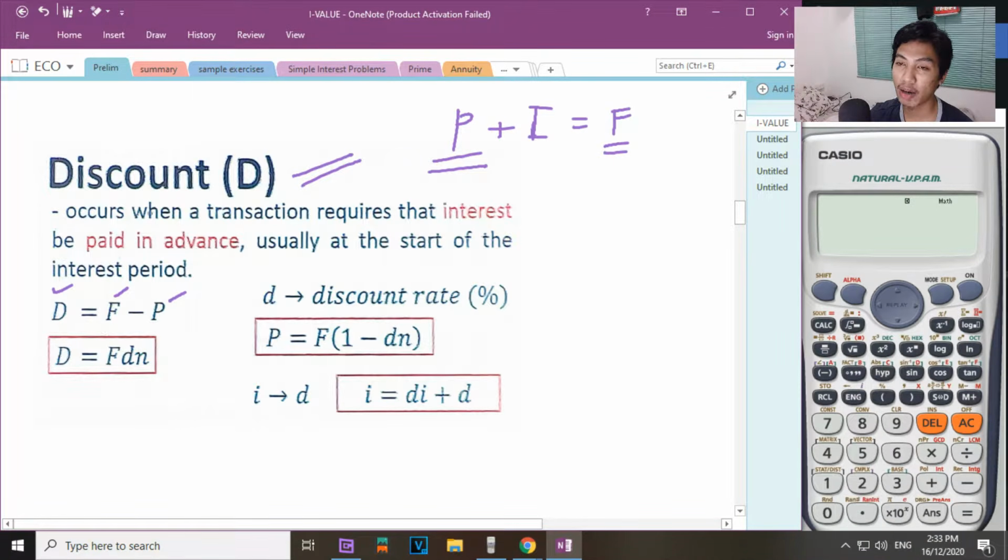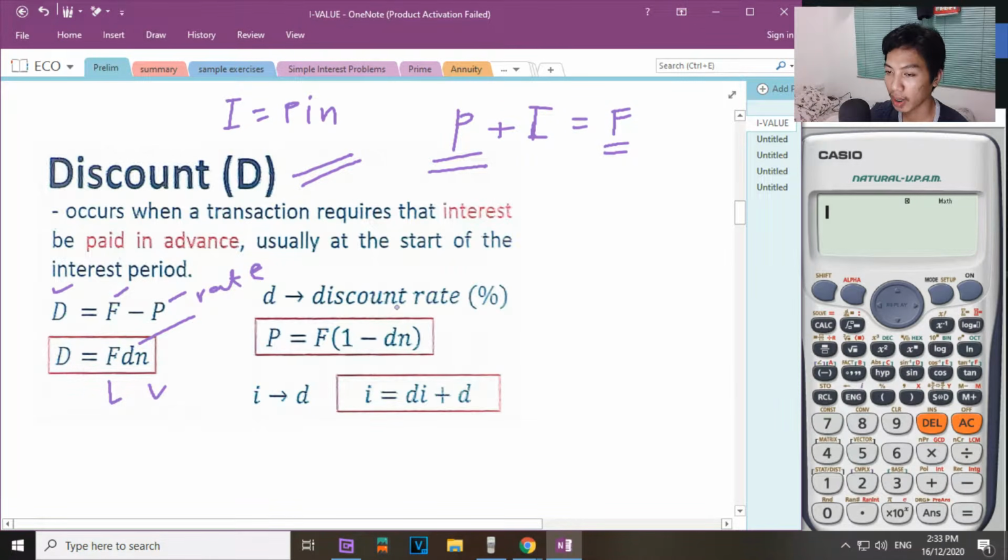Kung meron tayong principal, okay, the interest rate is equal to I, and the discount rate is d. Now, you are given yung D, discount, that will be equal to the future amount multiplied to the discount rate. Ayan, rate. Ibig sabihin, in every rate that is in percentage or decimal form and the number of periods na kinunan mo ng discount.